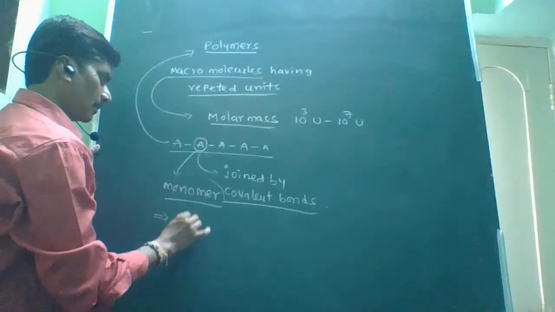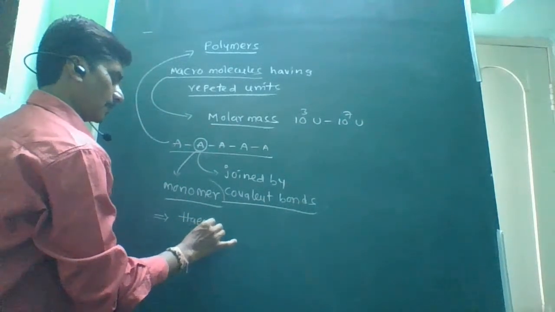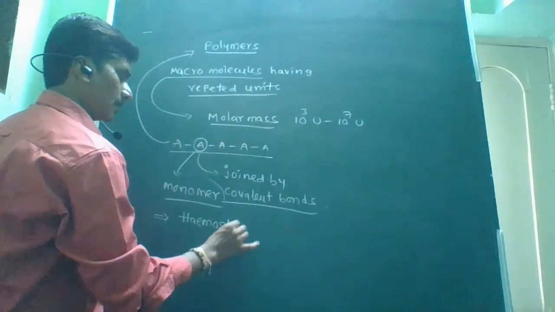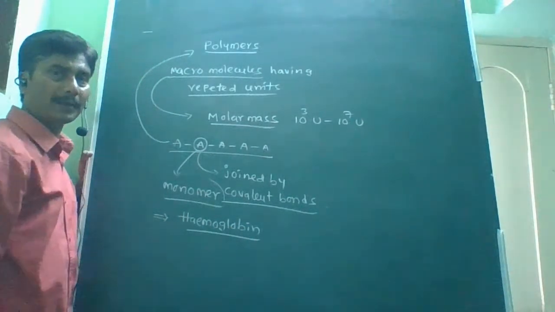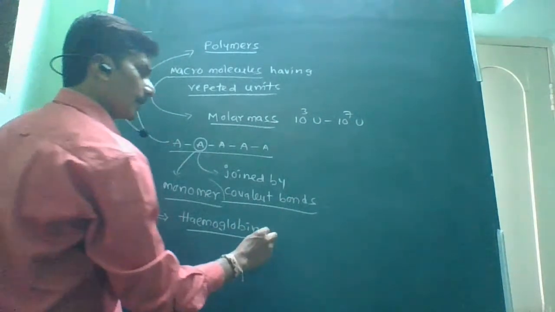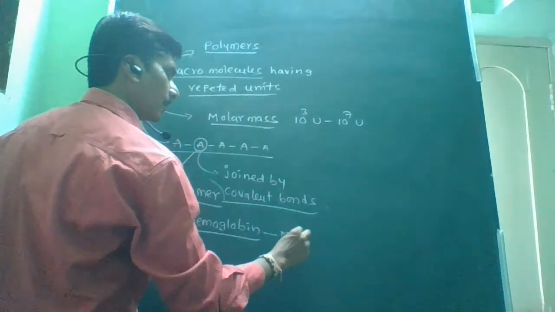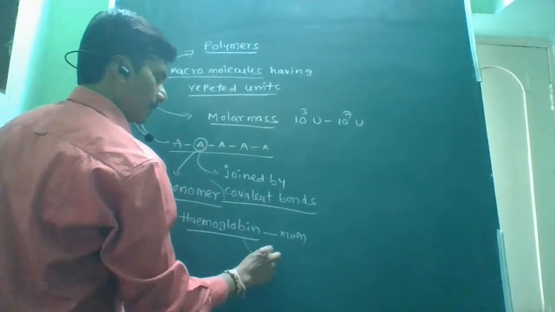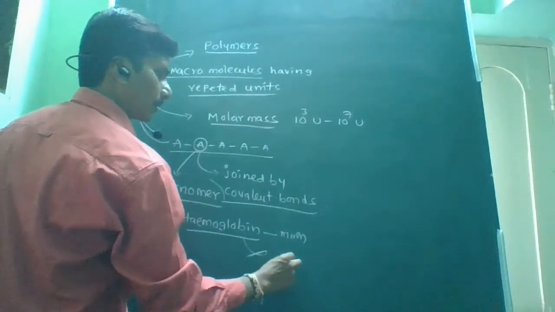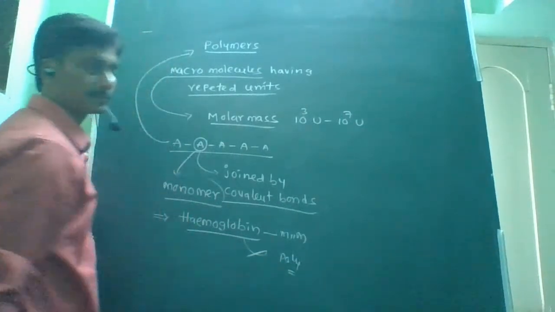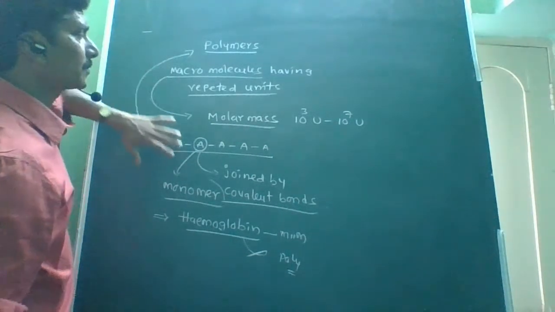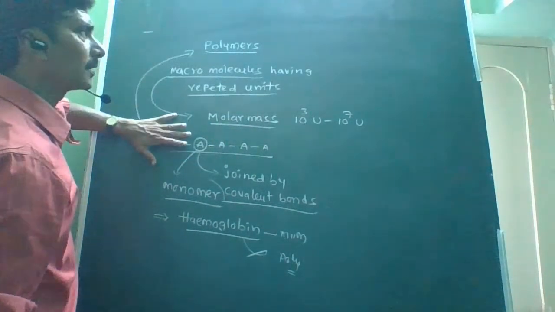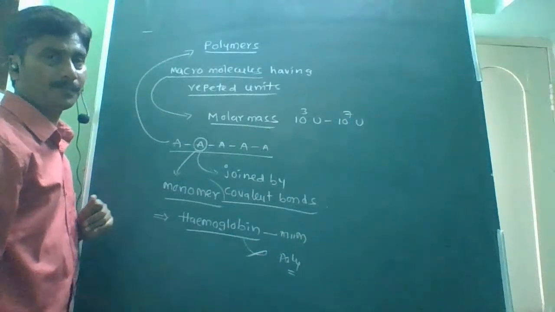For example, hemoglobin is a macromolecule but not a polymer. The process which is used to make the polymer is known as polymerization.